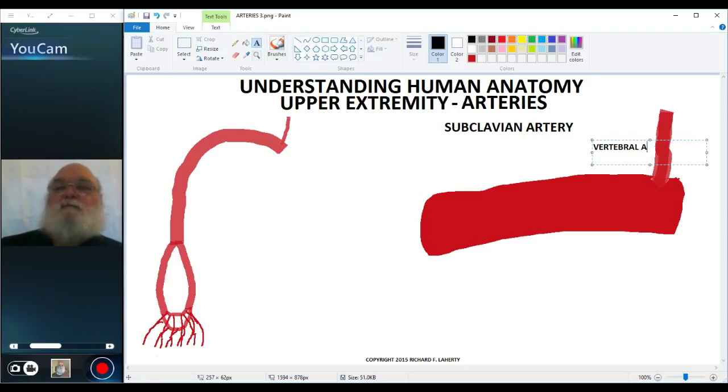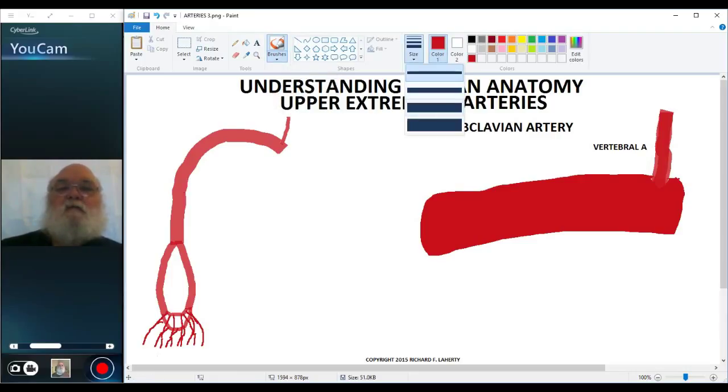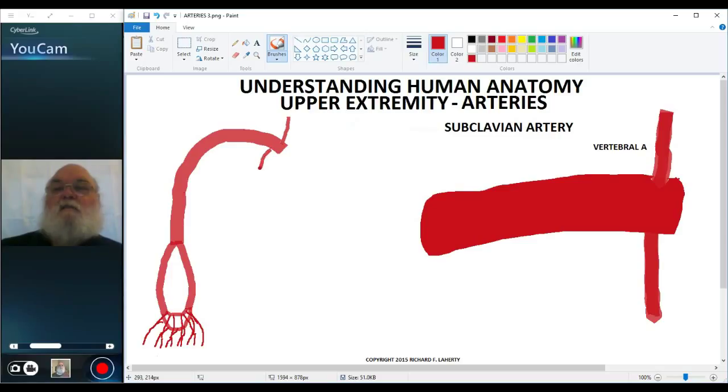Now, the second artery coming off is going to come off the inferior surface of subclavian. I'm drawing it in right now, and we'll put it in on the other diagram.